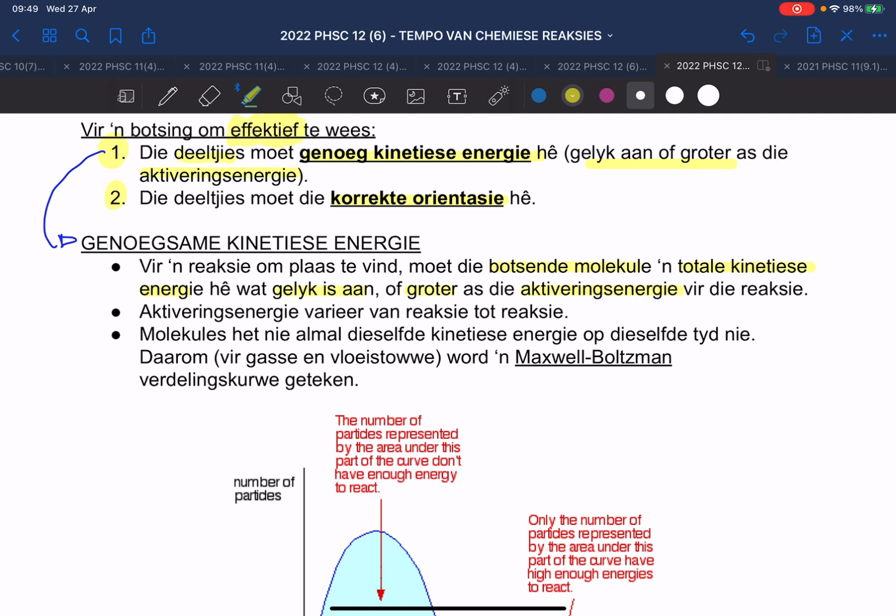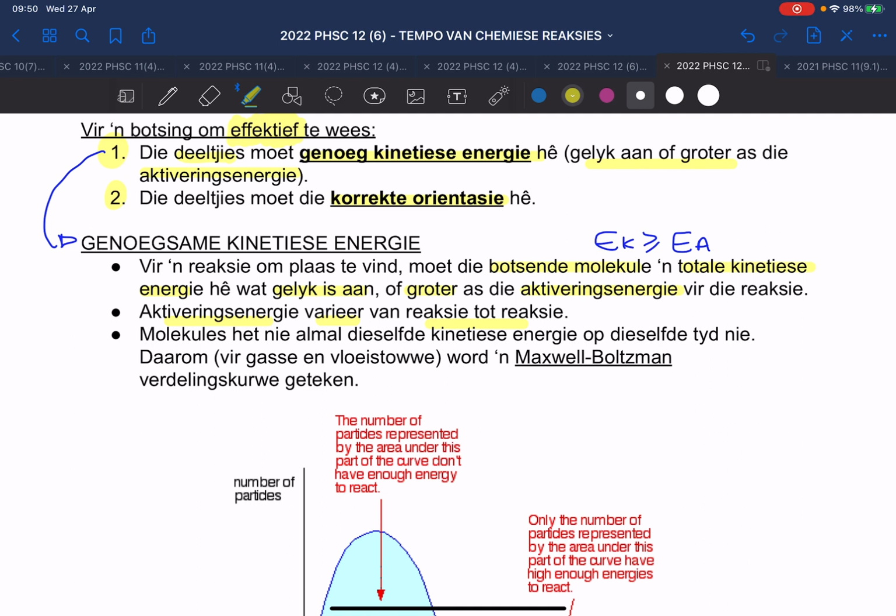So I'm going to write here, the kinetic energy must be greater or equal to the activation energy for the reaction. Then I did say the activation energy varies from reaction to reaction. Like I need my machine coffee, you are happy with your whatever.